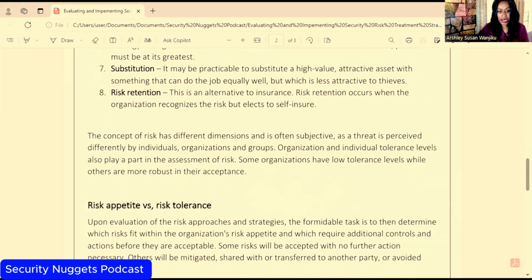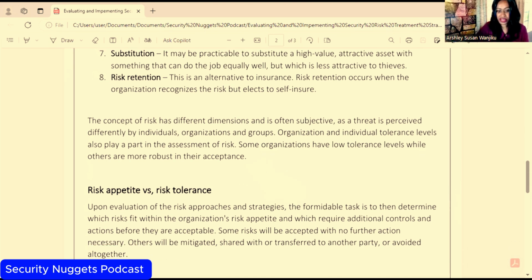All right. Now, the concept of risk has different dimensions and it is often subjective, as a threat is perceived differently by individuals, organizations, and groups. Organizations' and individuals' tolerance levels also play a part in the assessment of risk.